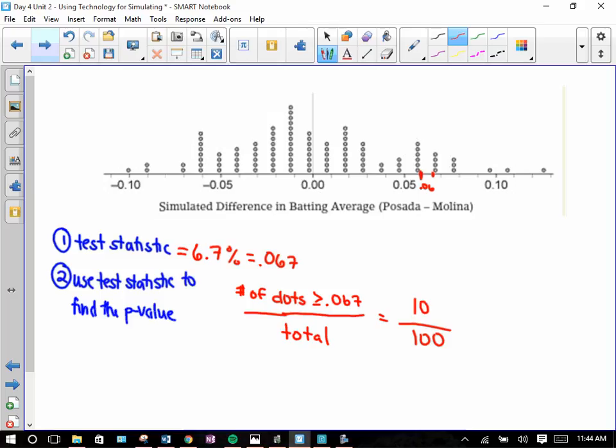What percent is that? 10%, because it's equal to 0.10. So 10% is our p-value.